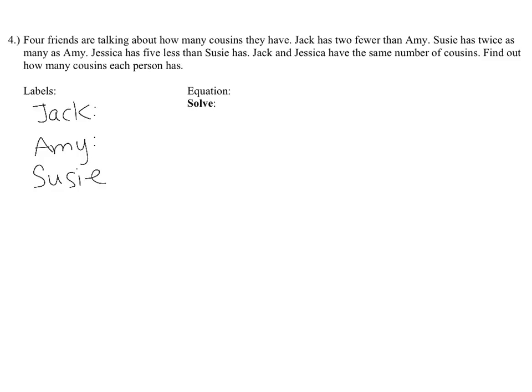And we've got Jessica. Okay? So we could start the first sentence by saying Jack has 2 fewer cousins than Amy. So we're talking about Jack, but he has 2 fewer than Amy. We don't know how many cousins Amy has, so let's make Amy X. And Jack has 2 fewer than Amy. Well, that would be X minus 2.